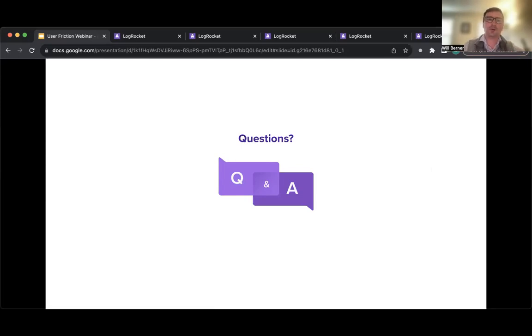Okay, a question from Ravi. Should destructive actions like deleting data always have some intentional friction? That's a really good question. I think there's no clear-cut right or wrong answer for this. I think one thing to consider is, if the user was to take an unintentional action, is it restorable?